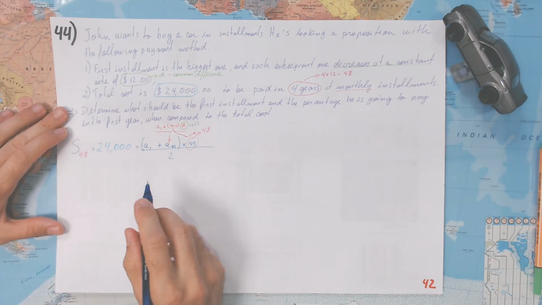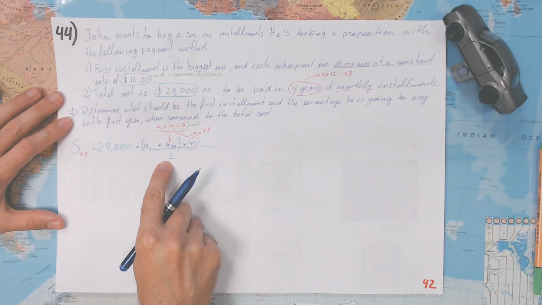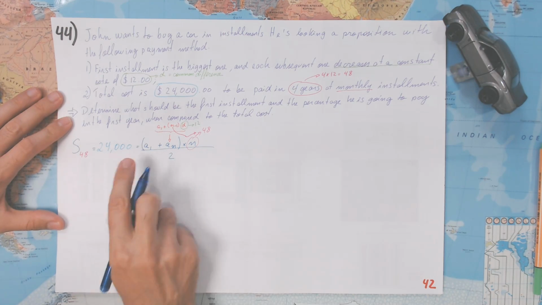Now let's rewrite this in a much simpler way. I'm going to take the 2 and send it to here already, okay? So this is going to be 48,000.